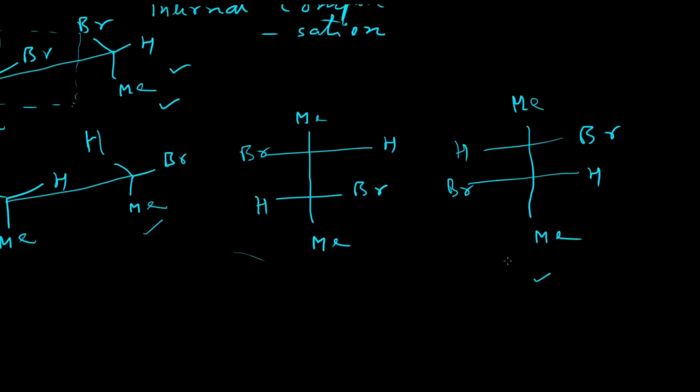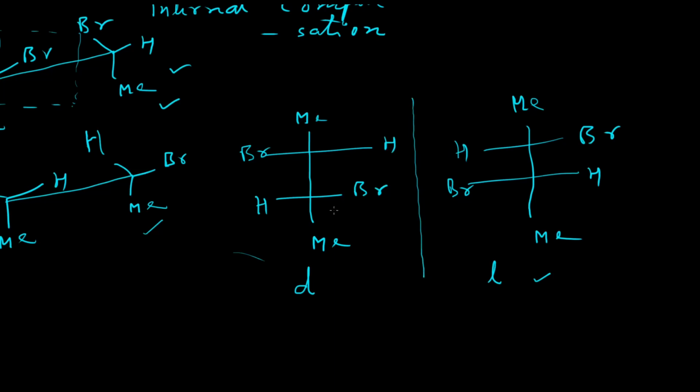This particular compound is called L form, and this particular compound is called D form. D for dextrorotatory and L for levorotatory. And you can also see that they are mirror images to each other.